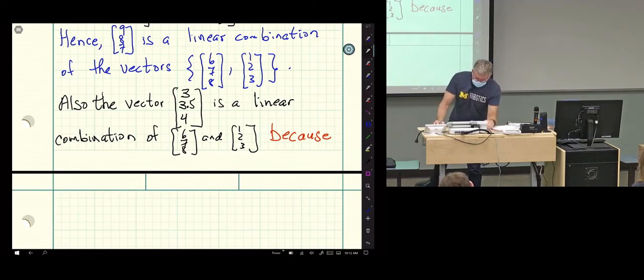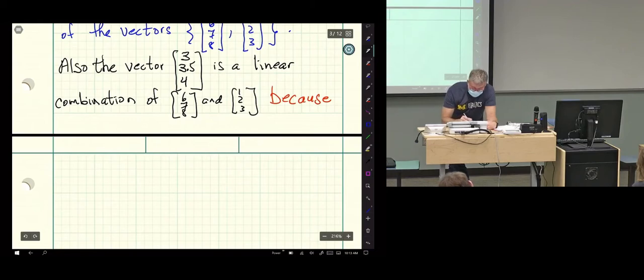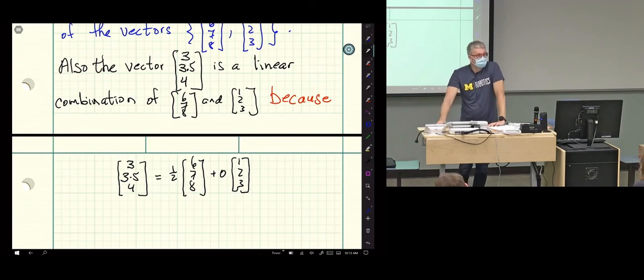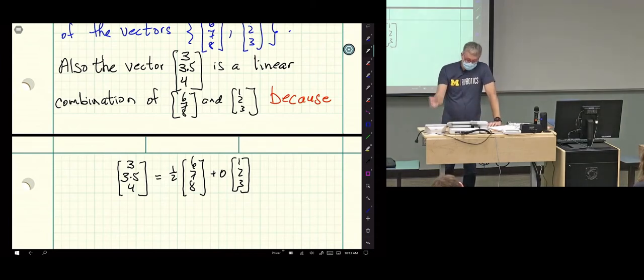Can I write 3, 3.5, and 4 as a linear combination of 6, 7, 8 and 1, 2, 3? Yes, I can, because 3, 3.5, and 4 is equal to 1/2 times the vector 6, 7, 8, plus 0 times the vector 1, 2, 3. Okay, so that's an allowed linear combination. It's any real number. 0 is still a real number.